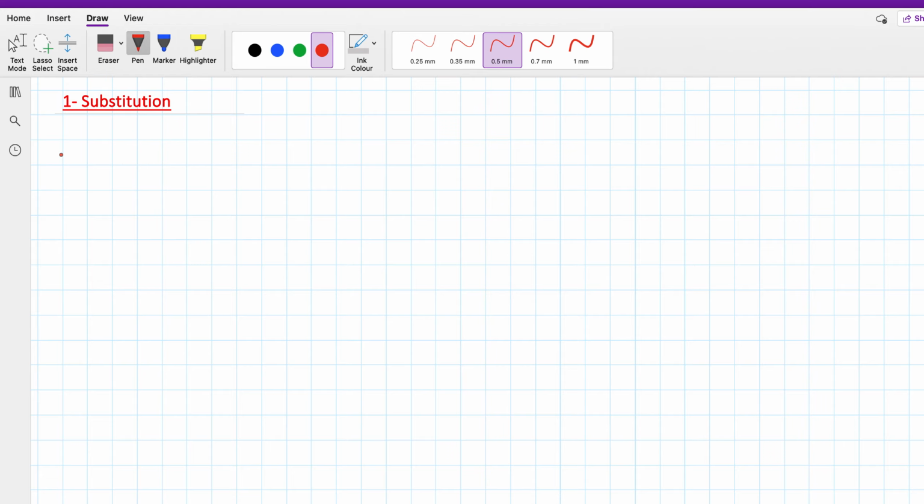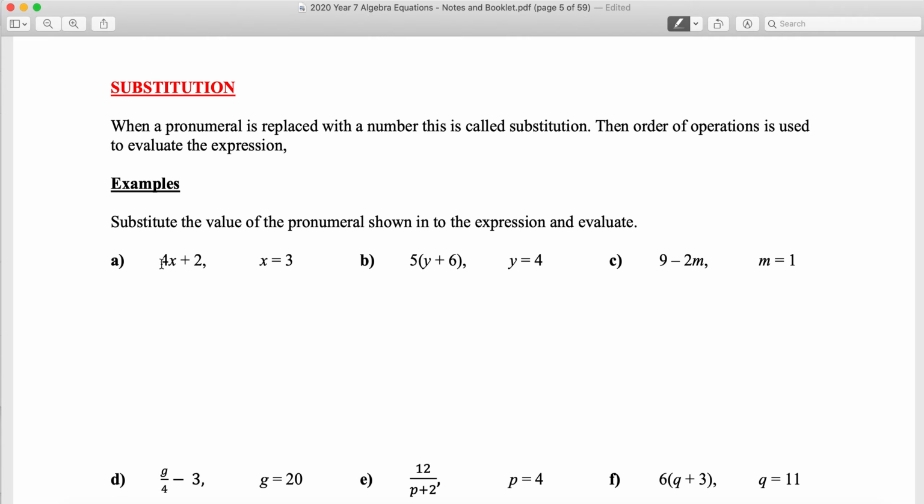So I'm going to model here with my notes exactly what I want you to do in your book. You put your title, then you put A with red, and then you copy your expression. Why is that an expression and not an equation? Because I don't have an equal sign, okay? And I have two terms here.